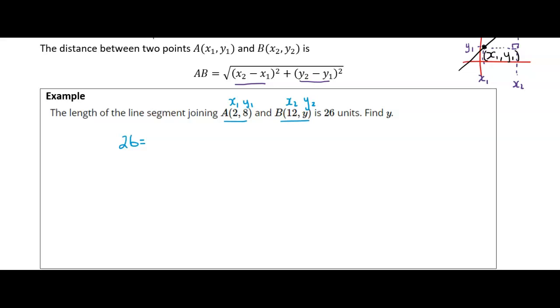All right, so x2 is 12 minus x1, which is 2, put it in brackets, square that, plus y2 is y minus y1, which is 8, and I'm going to put our radical signs or a square root sign. Now just make sure whenever you use a square root sign, it has to go over everything that you're taking the square root of.